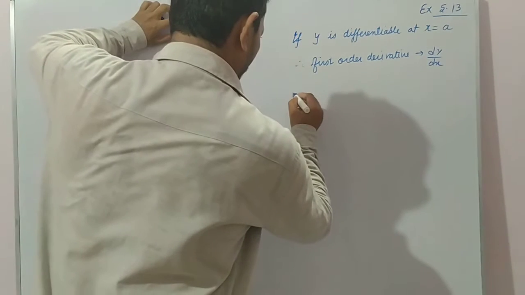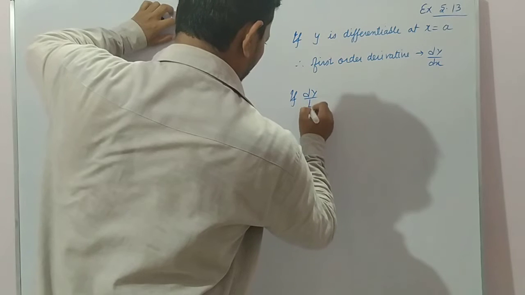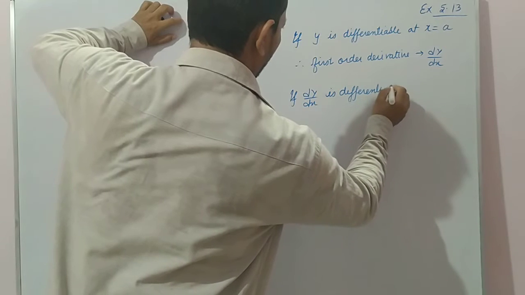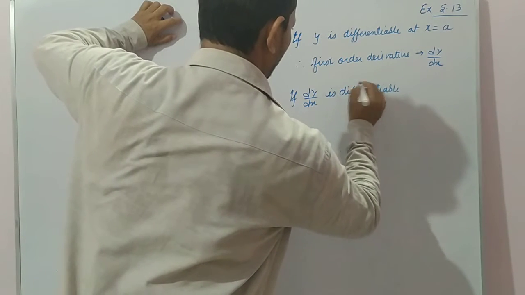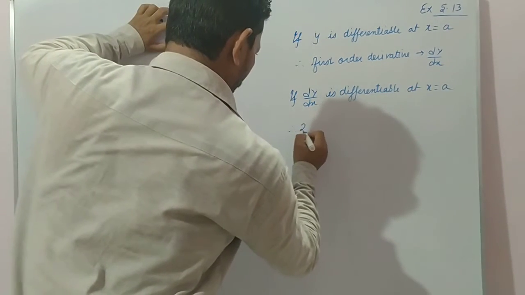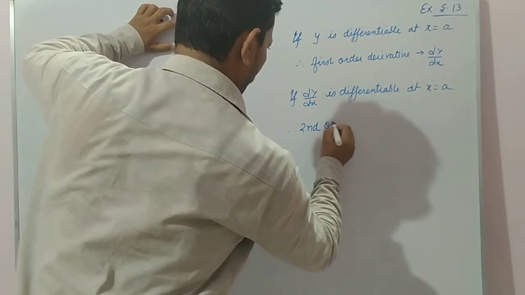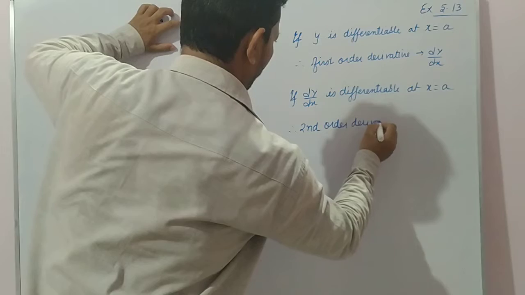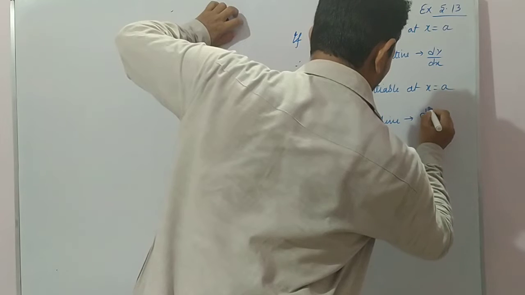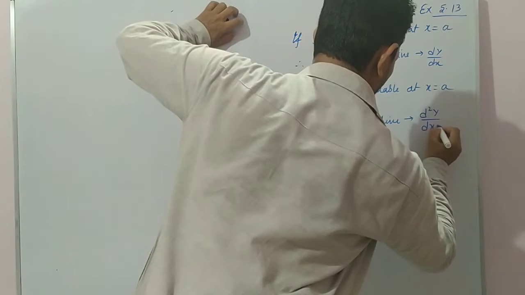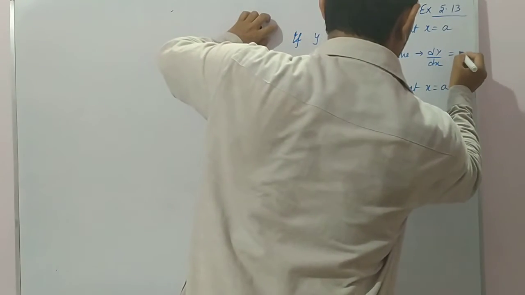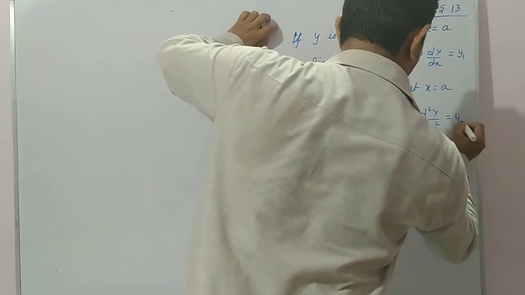Now if dy by dx is differentiable at x equal to a, therefore the second order derivative, and we write this as d2y by dx square. This is the second order derivative. The first order derivative is also written as y1, and the second order derivative as y2.